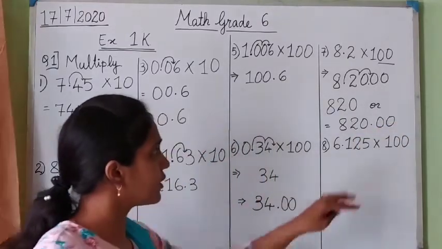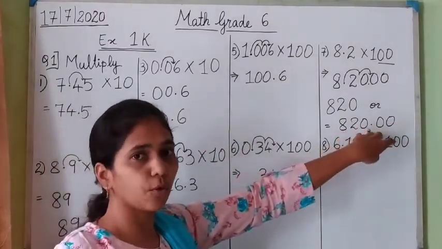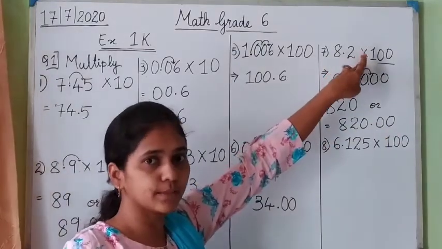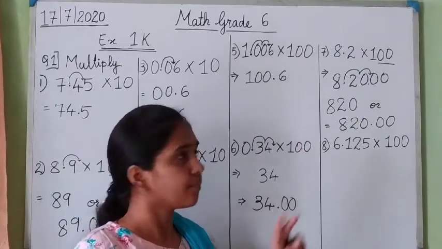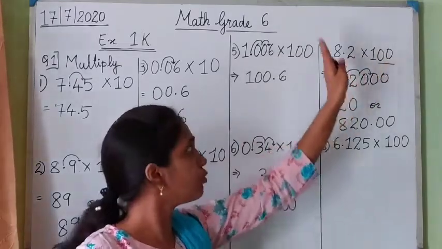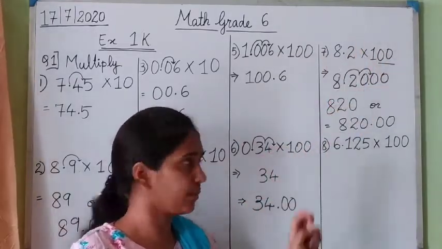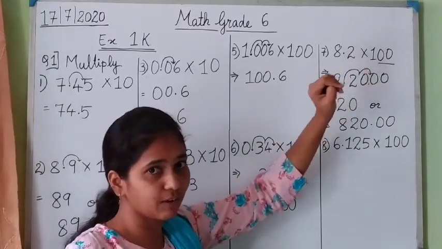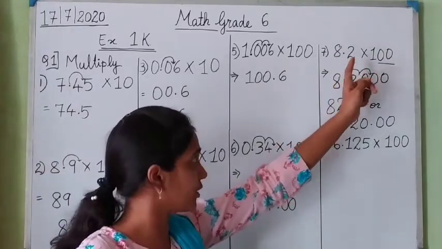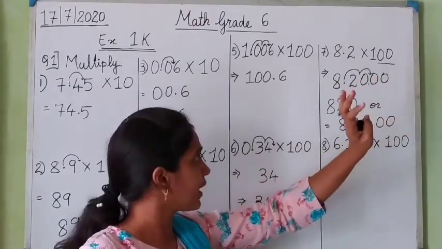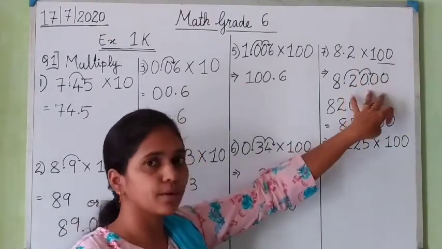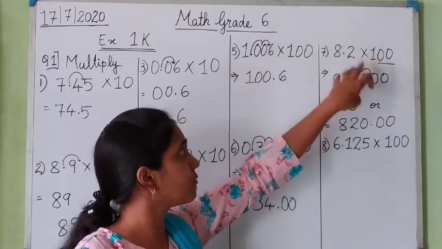Okay, everyone has understood this? How we put a point if there is no number after the decimal point? After this 2, we need 2 digits, because there are 2 zeros. So we need to move the point 2 digits towards the right. But there are no 2 numbers here. There is only one digit here. So what we do? We add zeros after the number, but adding zeros does not change the value of the number.